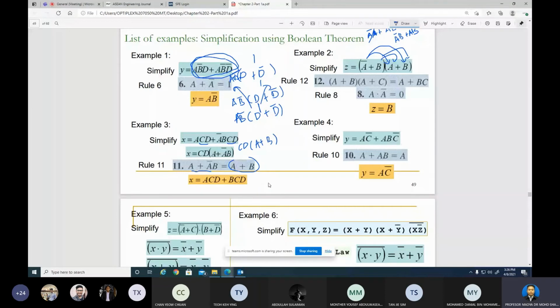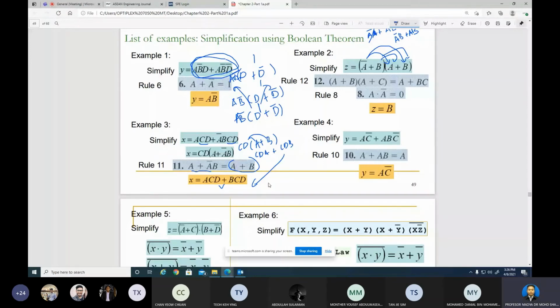Then you can expand this equation to be like this: A C D, or plus C D B, which is the same as this one. Now example 4: A C bar plus A B C bar. Which one can you simplify?